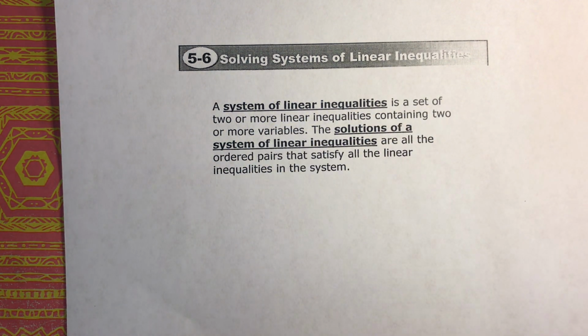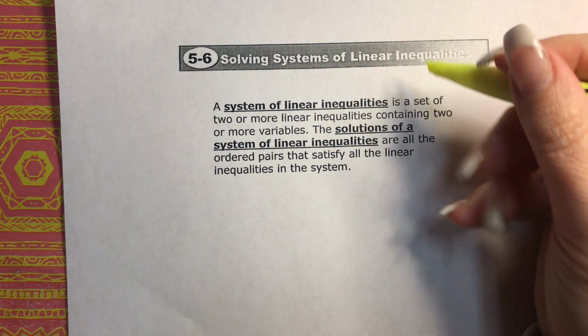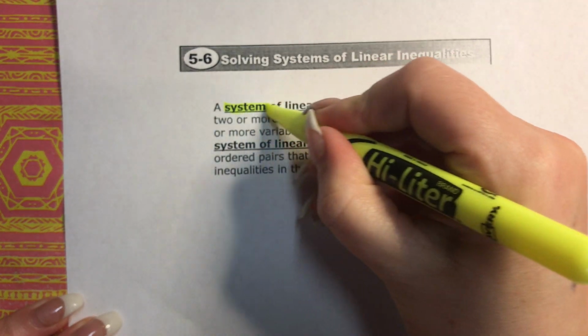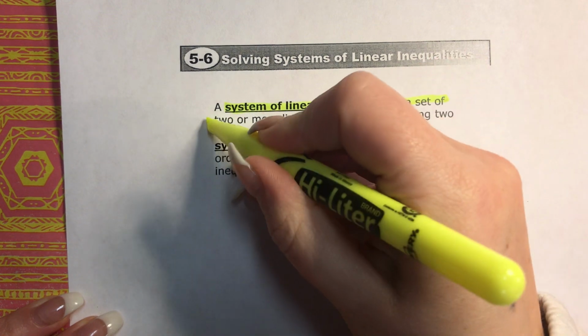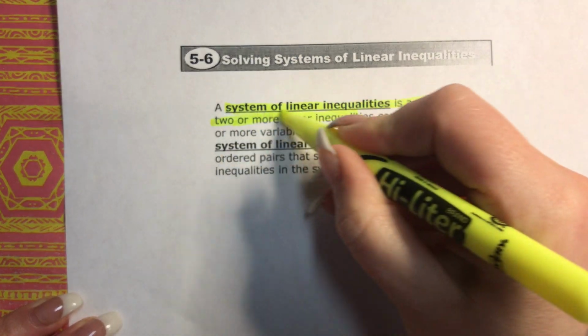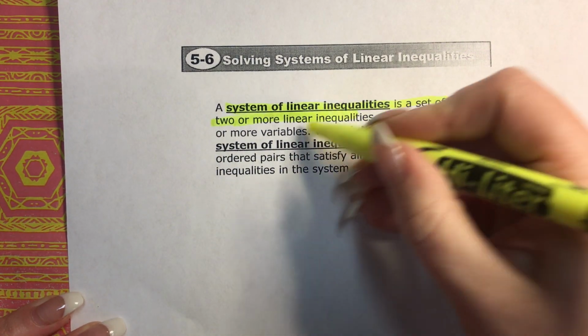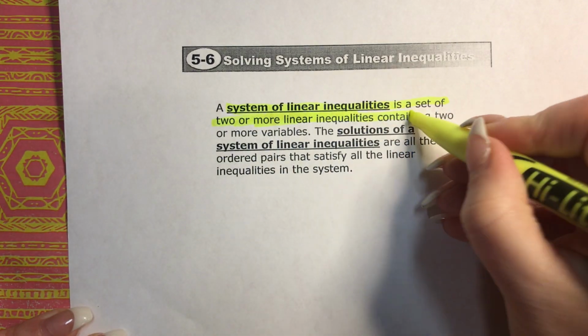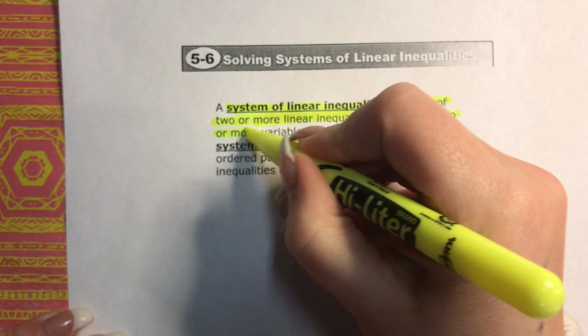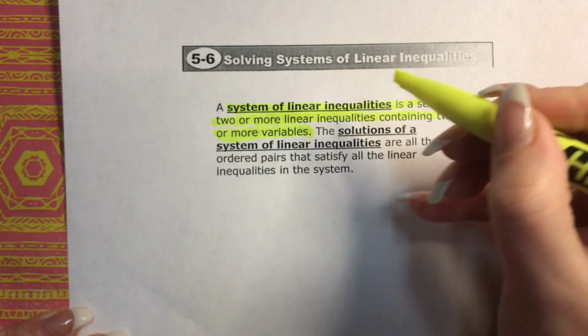So a system of linear inequalities is a set of two or more linear inequalities, where linear just means it's like a straight line, containing two or more variables. All right?